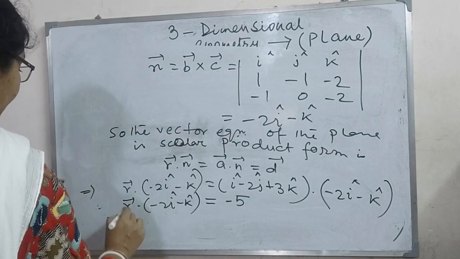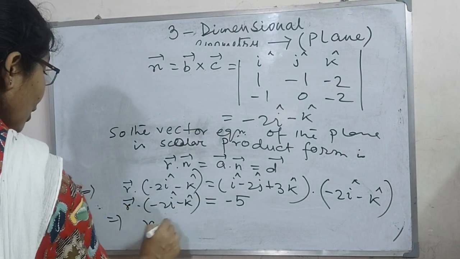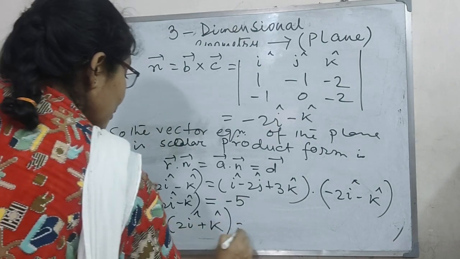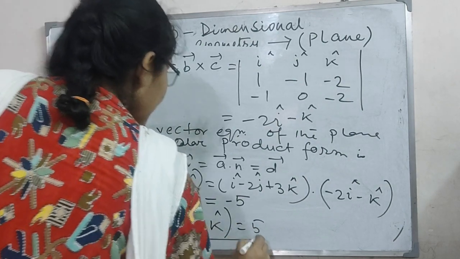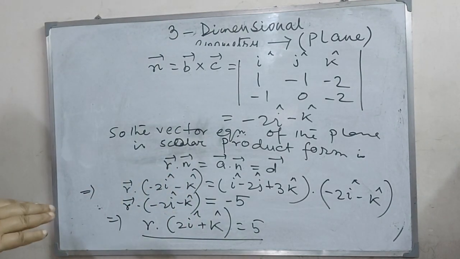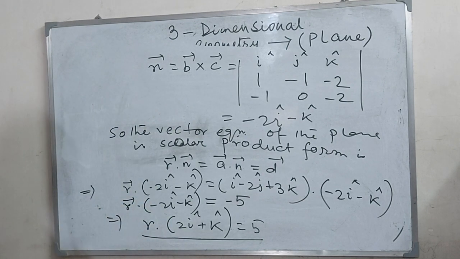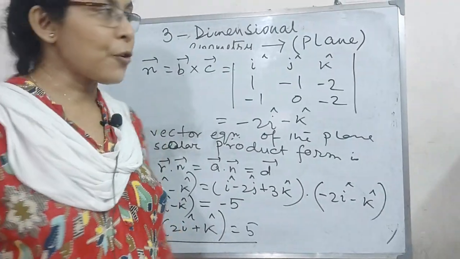From here I can write r dot (2i plus k), this is equal to 5, cancelling the negative sign from both sides, and this is the required vector equation of the plane in scalar product form.